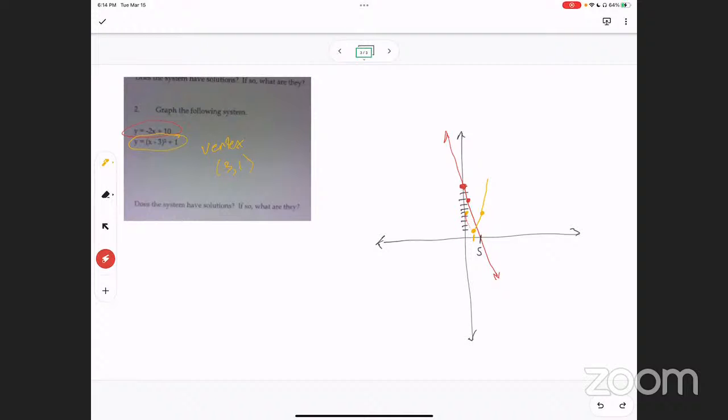It's going to cross right here. You see that? So this point, I can't really tell what it is, but there's one solution. And the other point, I can tell what it is because it's right there. The other point might not be quite so pretty.